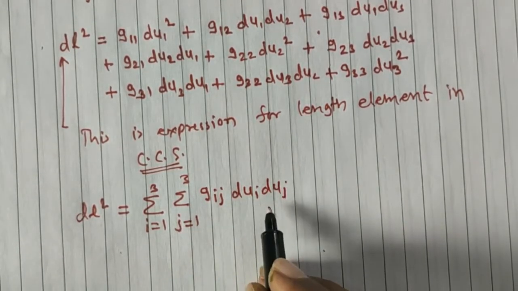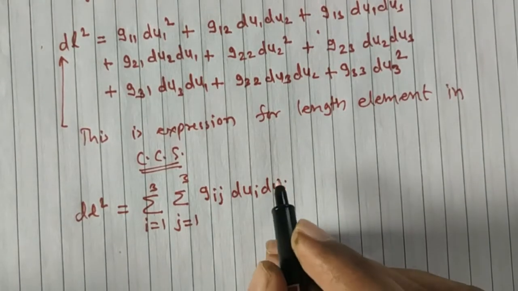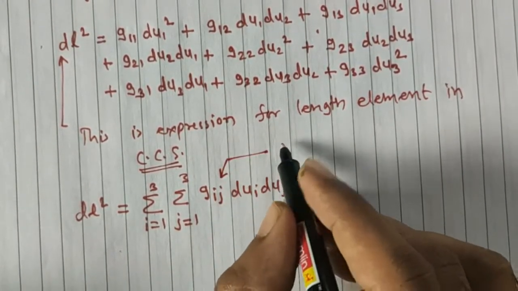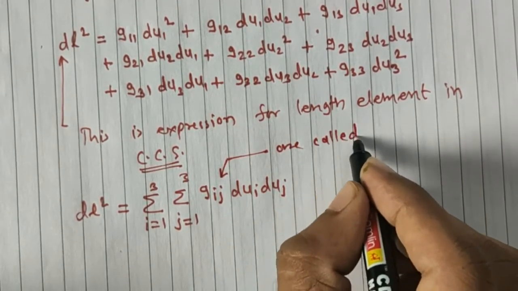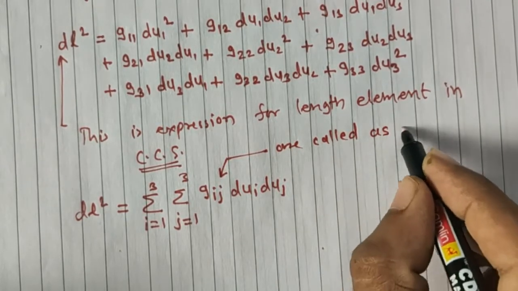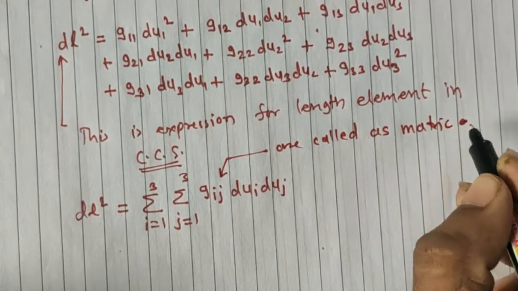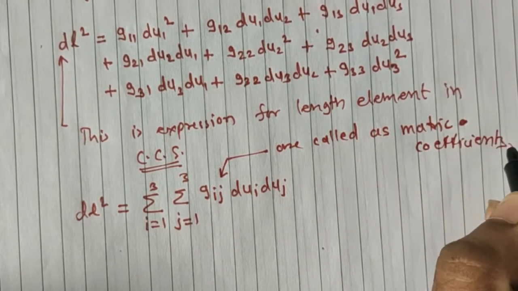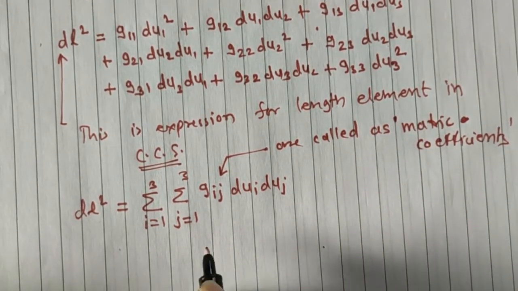If you expand this, again you will get the same expression which we have written here. Gij are called matrix coefficients, and I can write a matrix for gij.